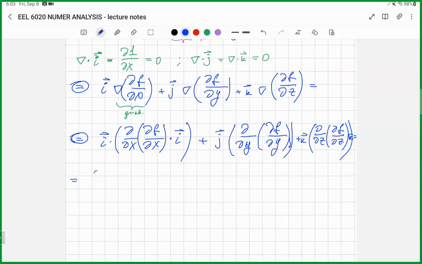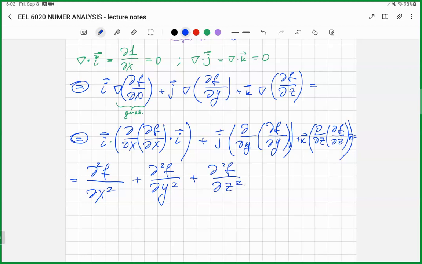The partial derivative by x of df over dx gives us the second-order derivative, d2 f over dx squared, and the same for dy squared, plus the same for dz squared.